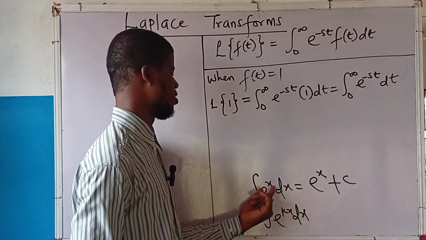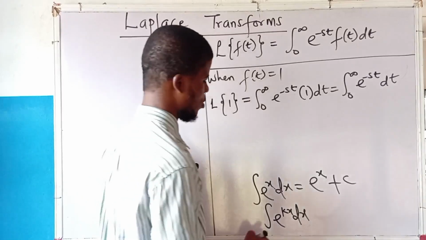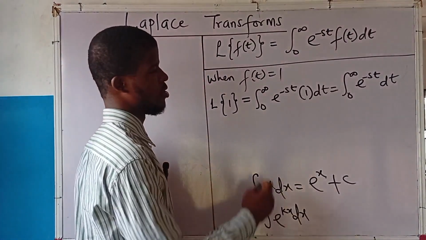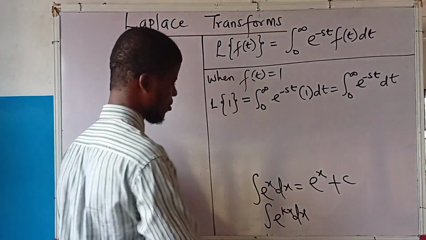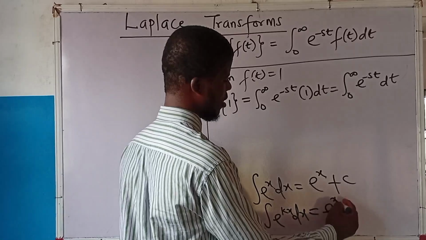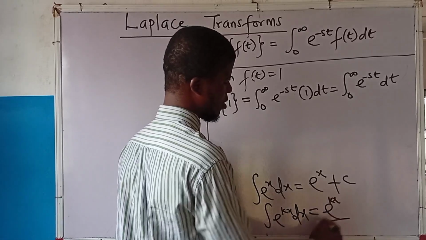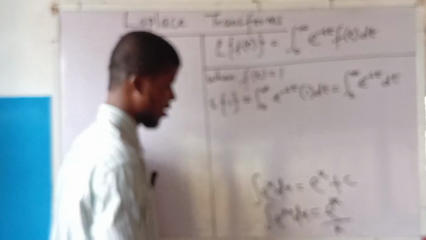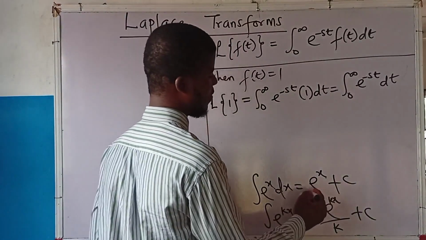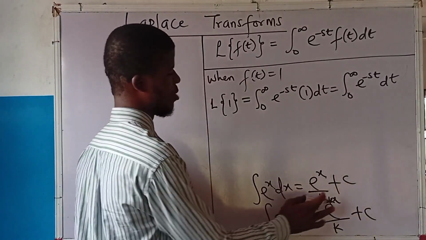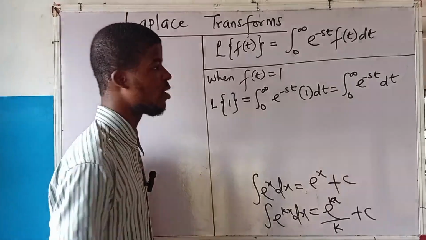The coefficient of x here was 1, right? So, if it is not 1, if it is, let's say, a negative value or a number greater than 1, what we normally do is to write e to the power of kx divided by that k, plus c. So, you see the reason why if I had divided by 1, here, I'll still get e to the power of x.